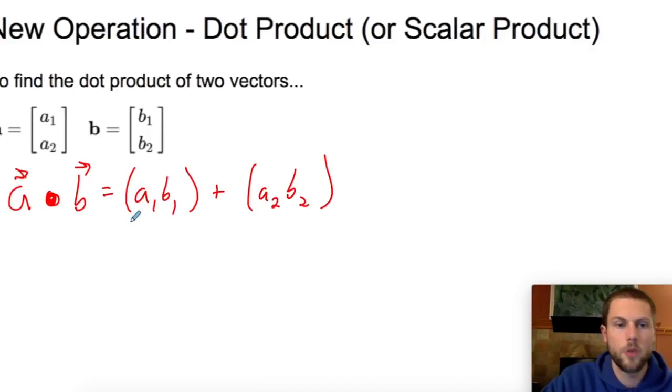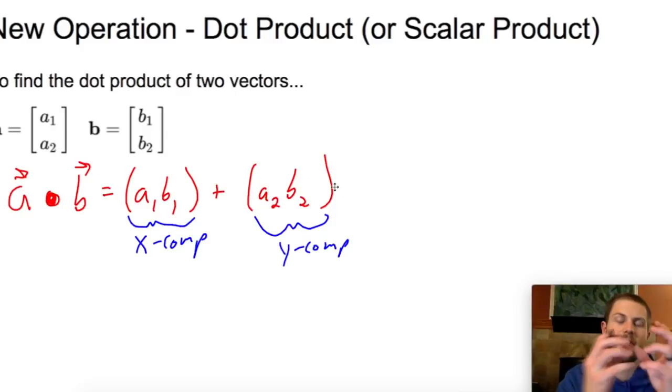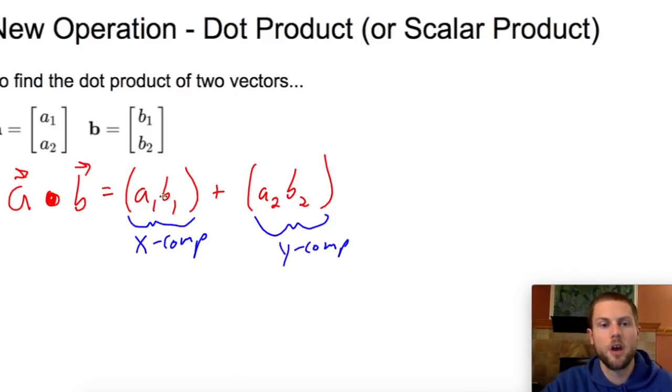Essentially I'm multiplying my x components together, and multiplying my y components together, and adding that up. So again, how much are your x's affecting one another and how much are your y's affecting one another, and then you add that up into one number. So this equals a scalar value. And that's how you find the dot product between two vectors.